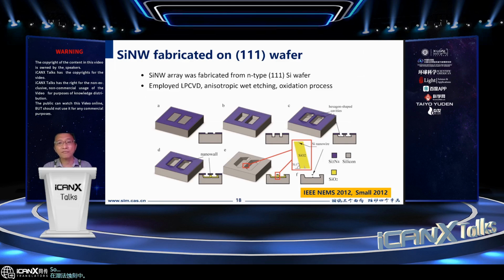So if we have a 111 silicon wafer, we have wet etching, we will have a nanowire. And then after oxidation process, we can have a silicon nanowire on the wafer.